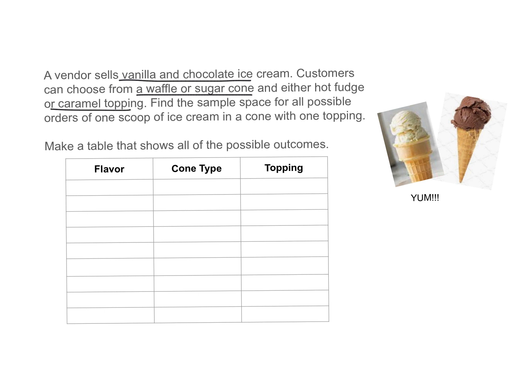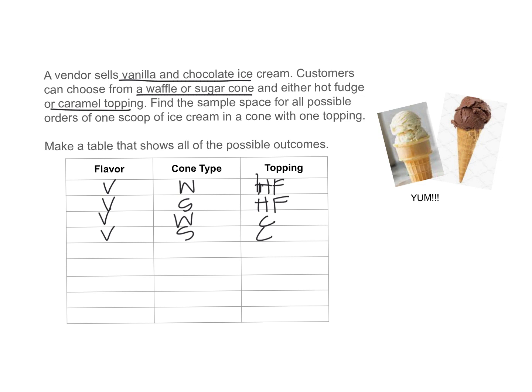So we can have vanilla with a waffle cone and hot fudge. We can have vanilla in a sugar cone with hot fudge. We can have vanilla in a waffle cone with caramel, and we can have vanilla in a sugar cone with caramel.